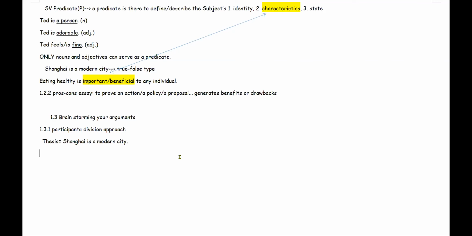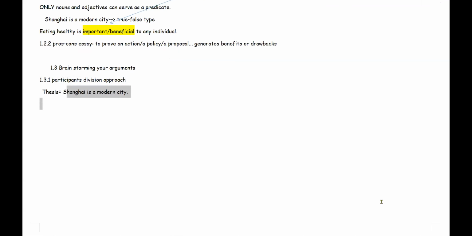Now we need to prove that Shanghai indeed is modern. So our argument is, ask yourself, participants in this very topic, who are the players or who are involved? Not necessarily who, but what as well. So here we will use Shanghai as a modern city to come up with our division.